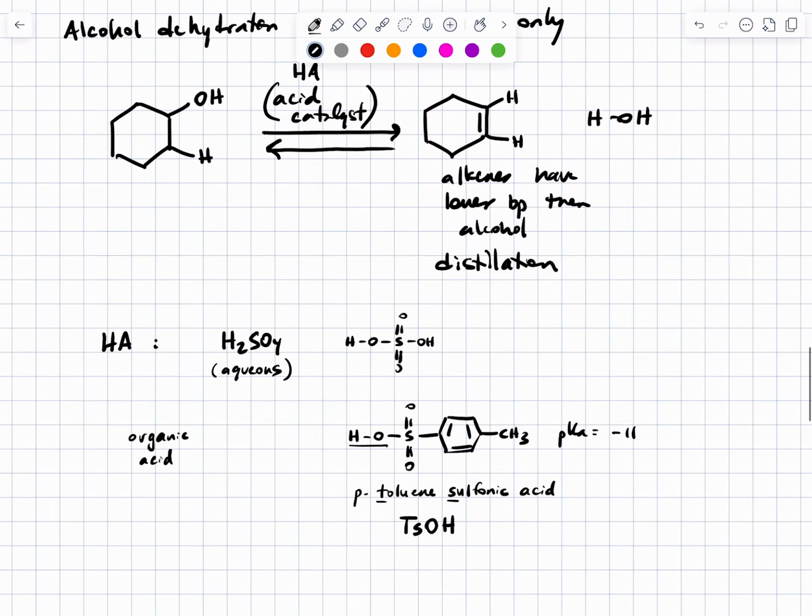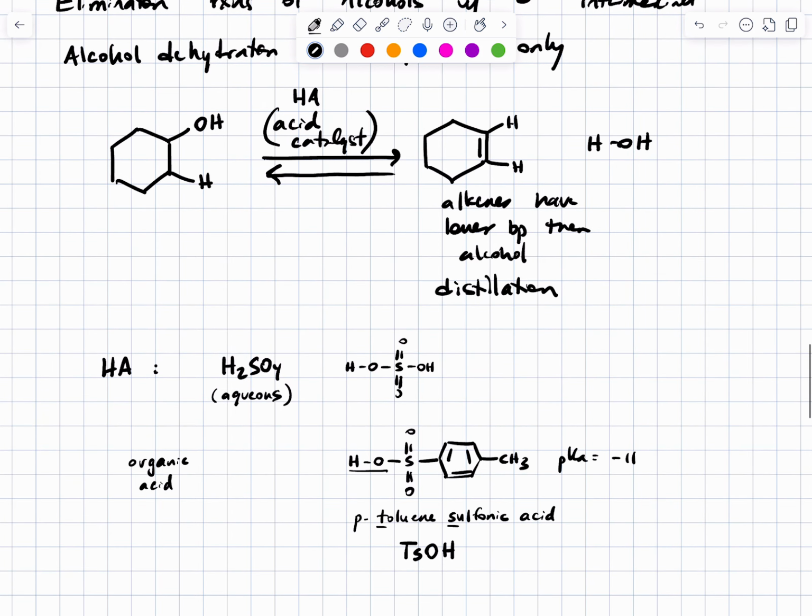All right. So with that, as I draw a mechanism, I'm just going to use HA, but understand that when I write HA, I'm referring to these two acids. Okay?